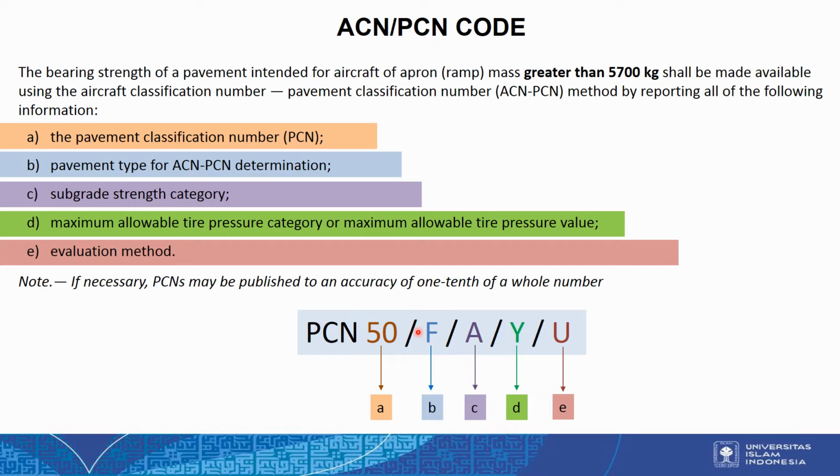Then the next slash stands for the pavement type for ACN-PCN determination, and the next slash stands for the subgrade strength category. The next slash is for the maximum allowable tire pressure category or value, and the last slash is for the pavement evaluation method.